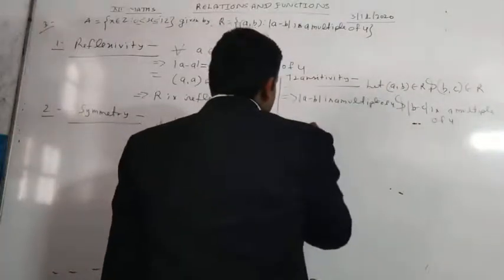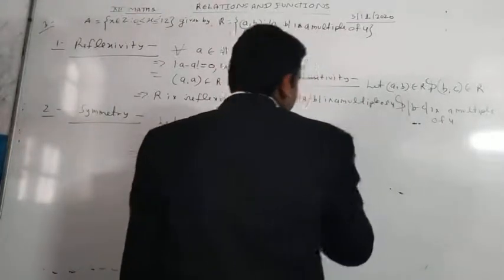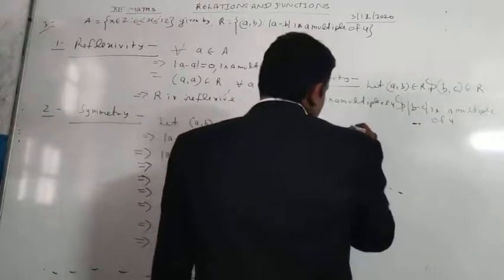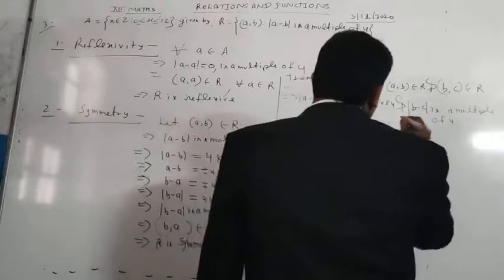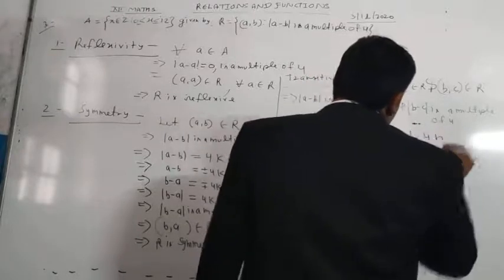Now this can be written as a minus b is equal to 4m, and b minus c is equal to 4n.